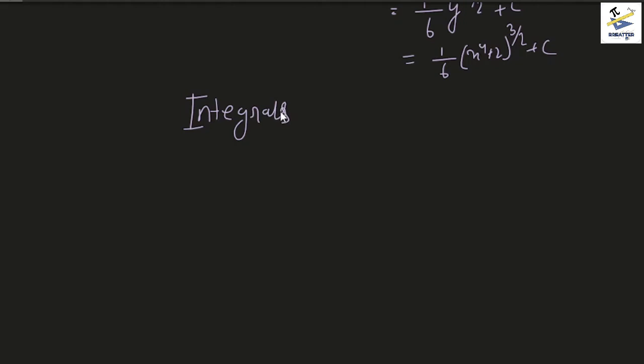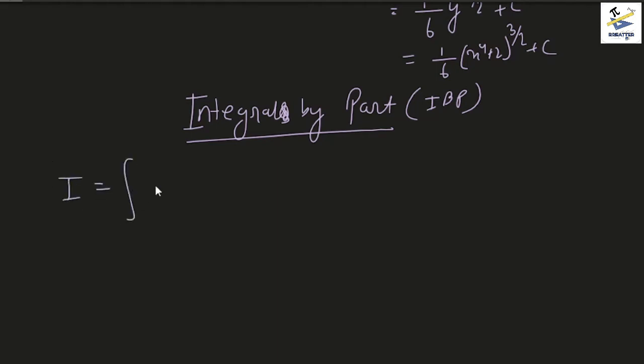So integration by parts, which is also known as IBP in short. As the name suggests, it is actually a rule to find out integrals of the form where you have two functions, f(x) into g(x) dx.